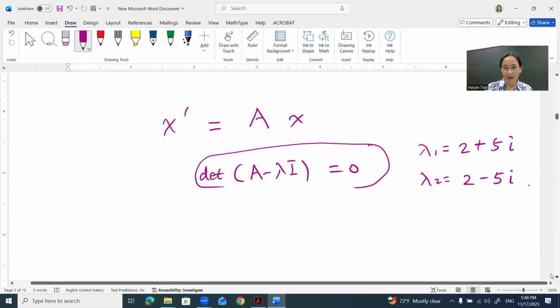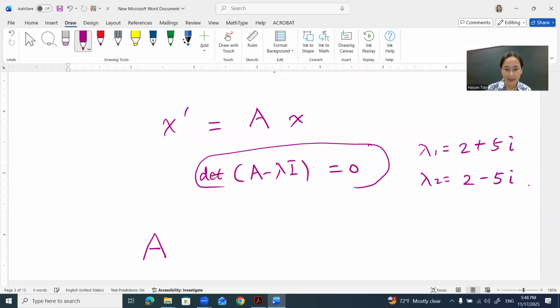Is that a surprise? Actually, whenever you have a real valued matrix and an eigenvalue with its corresponding eigenvector, suppose lambda is a complex eigenvalue and V is the corresponding eigenvector, then you take the conjugate of both sides.